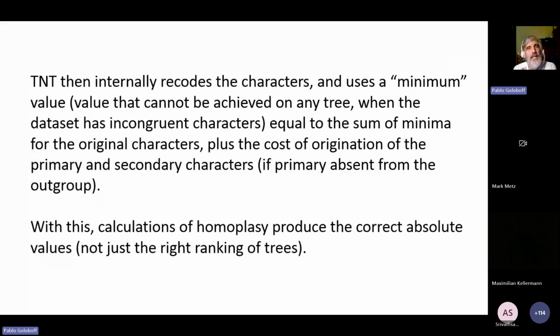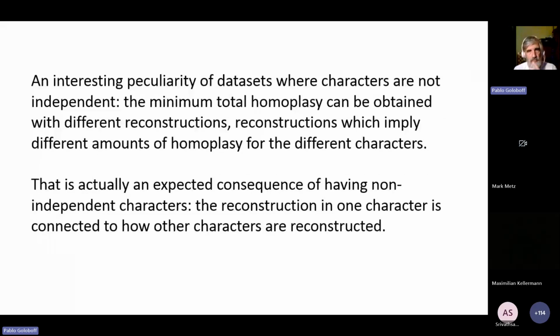Therefore, TNT internally recodes the characters and uses a minimum value, which is a value that cannot be achieved on any tree when the data set has incongruent characters, which equals the sum of minima for the original characters, plus the cost of origination of the primary and secondary characters, if the primary is absent from the outgroup. With this, the calculations of homoplasy produce the correct absolute values and not just the right ranking of trees.